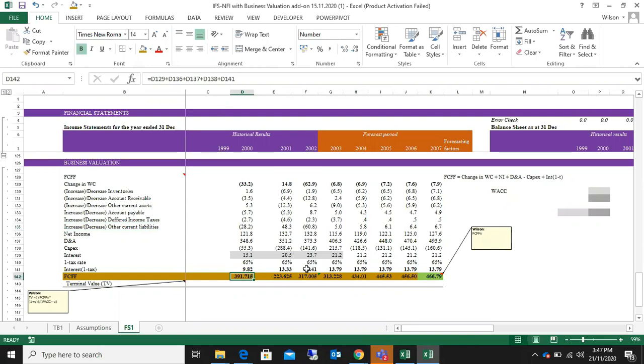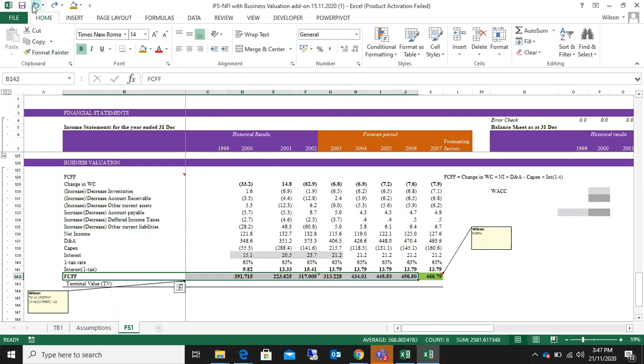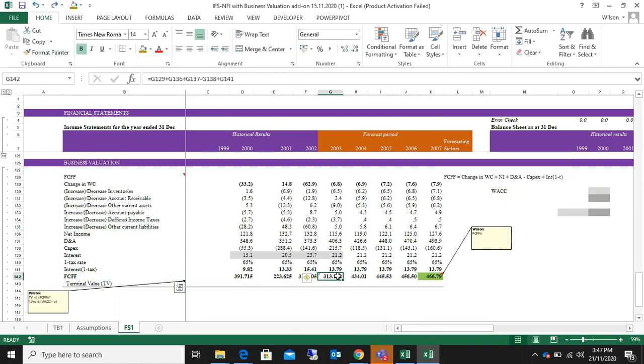Let me remove those colors. I need you to understand something: it is the forecast period that we are discounting, not the historical years. Please, this forecast period is what we're going to discount.